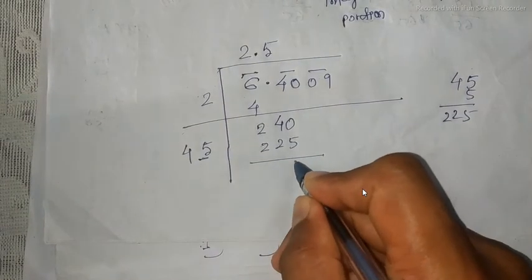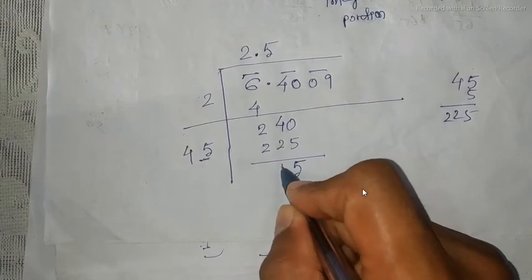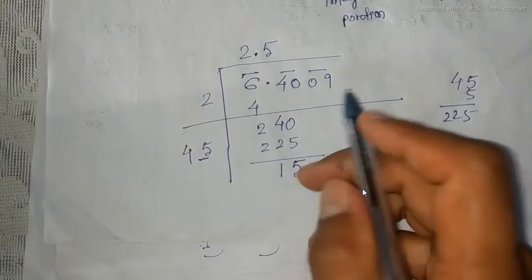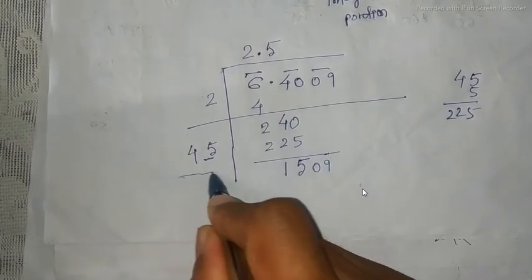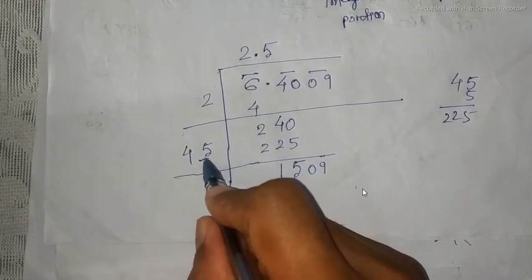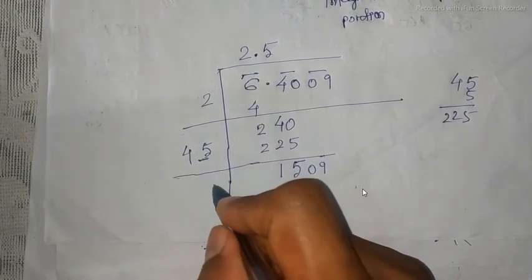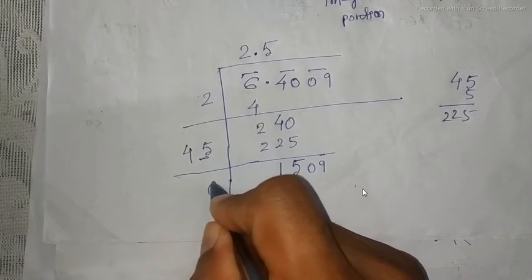So the last pair comes down, that is 09. So you have 5. What is the double of 5? 10. From 10 we take 0, 1 carry.